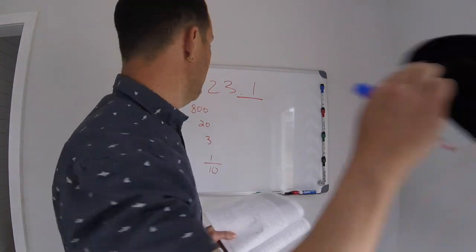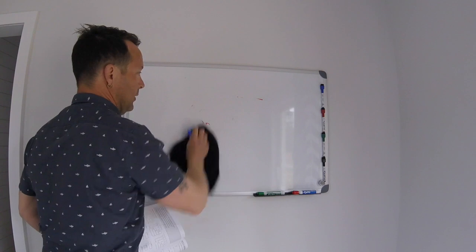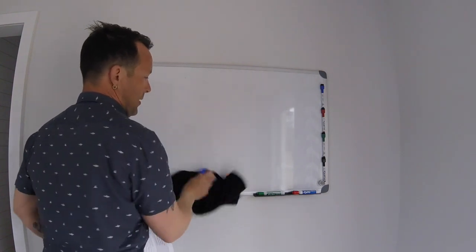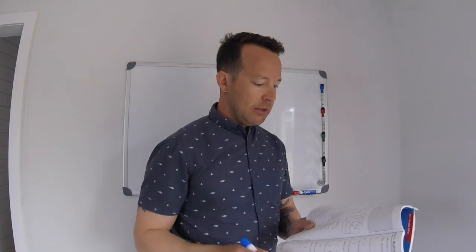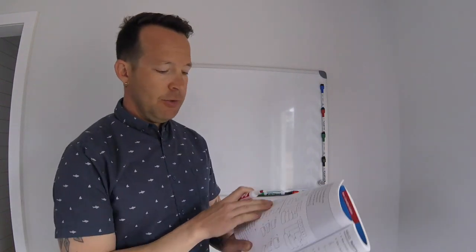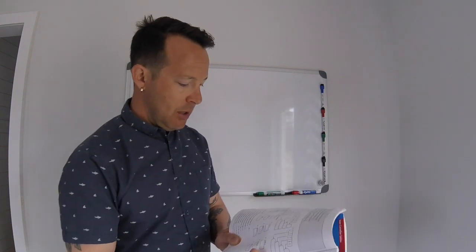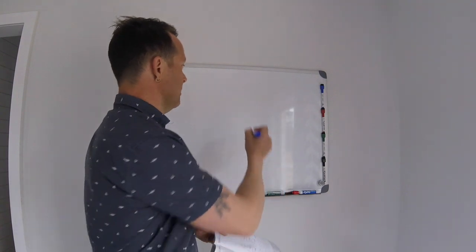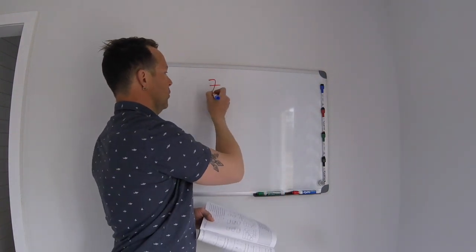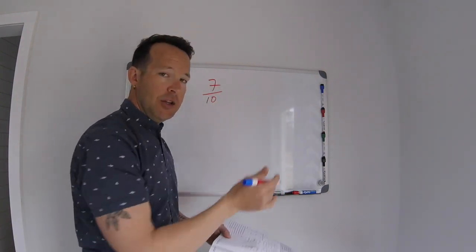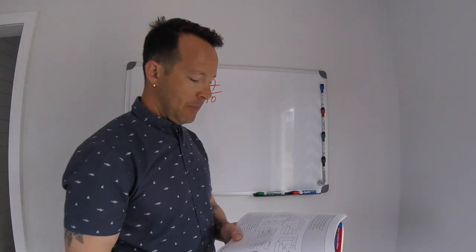Let me erase my board. Let's do the middle line, so E, F, G, H. In E, the 7 is in the tenths column, so its value is 7 over 10.